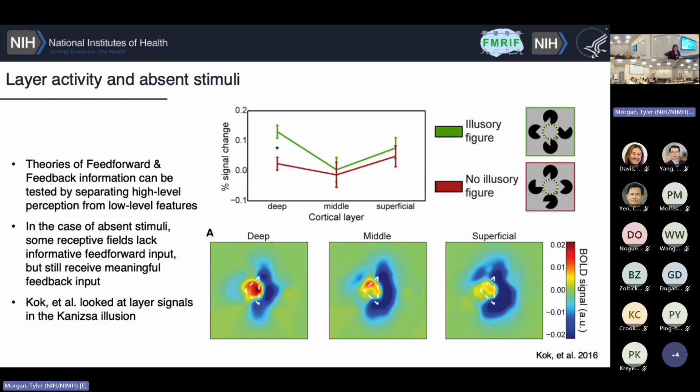A kind of cool example of this is a study from Peter Koch. And here, essentially what they did was they looked at a pretty common illusion. It's called the Kanizsa triangle. I'm sure others have come in contact with it, but it's basically when you have 3 circles and then an overlaid invisible triangle over the top.